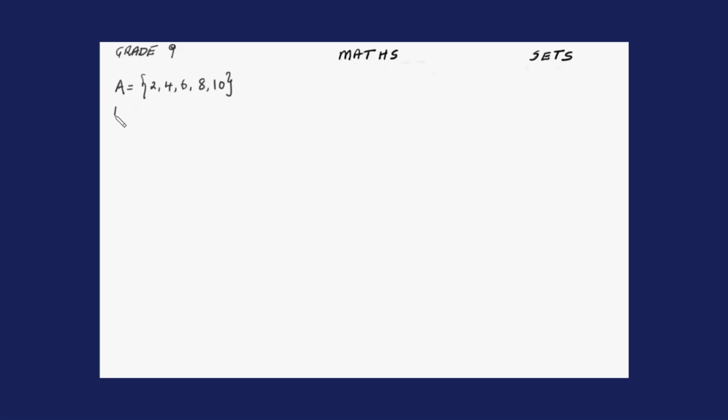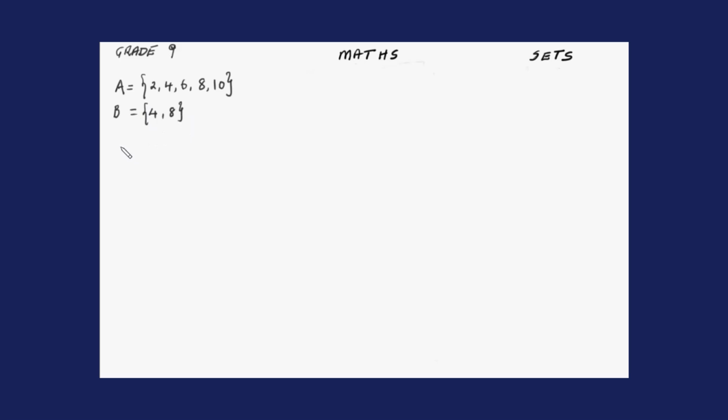Say set B is the set of multiples of 4 up to 10. It will be 4, 8. All right.